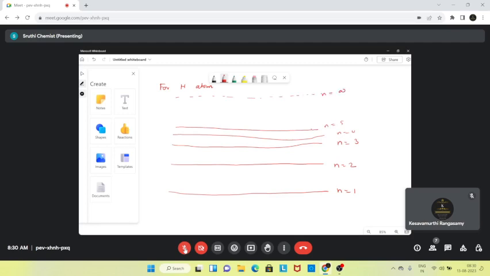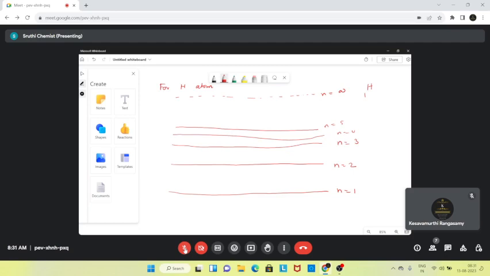Remember students, I am taking hydrogen as an example. Hydrogen has one electron, and it should be in the first orbit. According to the ground state configuration, the one electron should be present in the first orbit. But whenever an atom absorbs energy, the electron in the first orbit can move to the fifth orbit, or the 8th orbit, or the 10th orbit, according to how much energy the electron is absorbing.